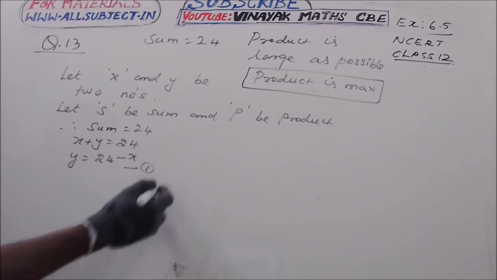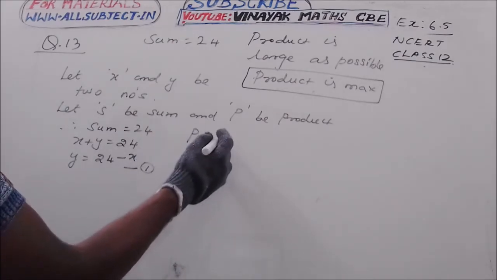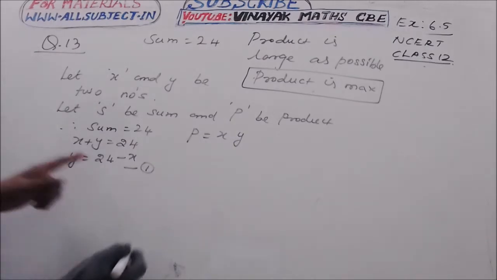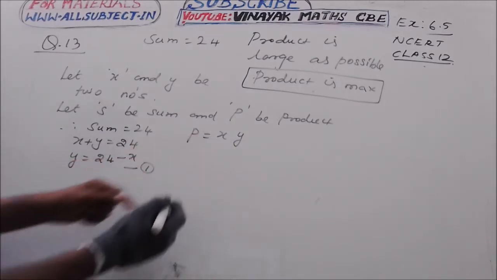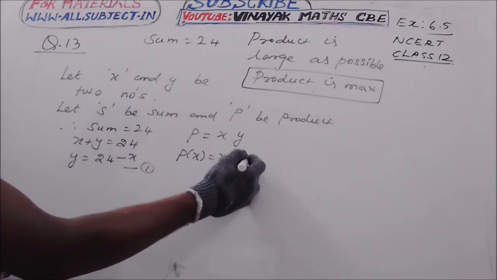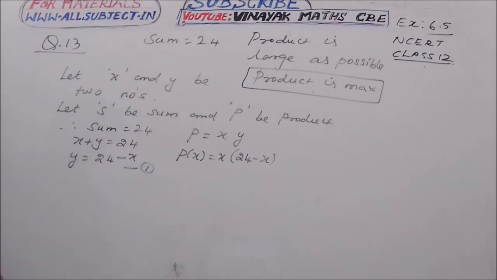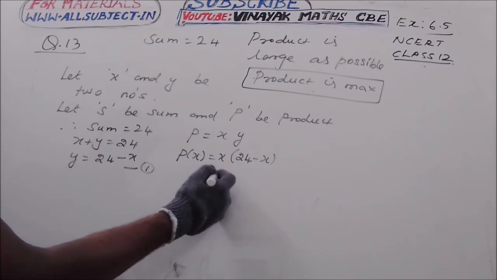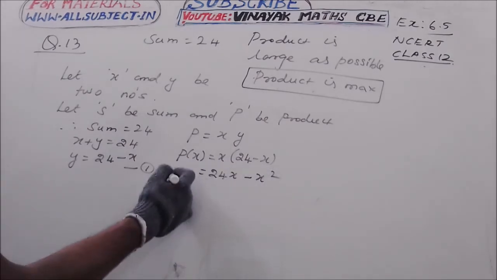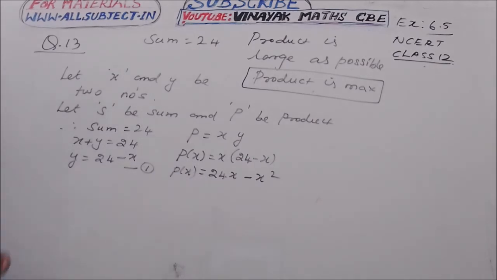This is equation 1. And product p equal to x into y. Substituting y equal to 24 minus x, p in terms of x is x into 24 minus x, which gives 24x minus x square, the product function.